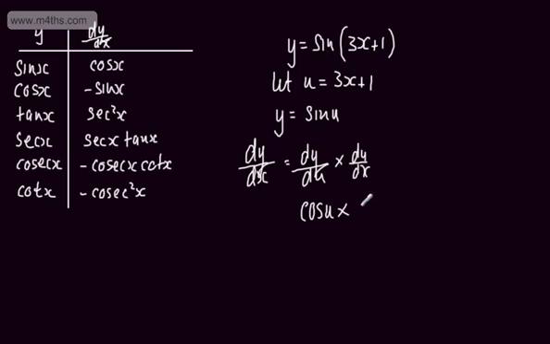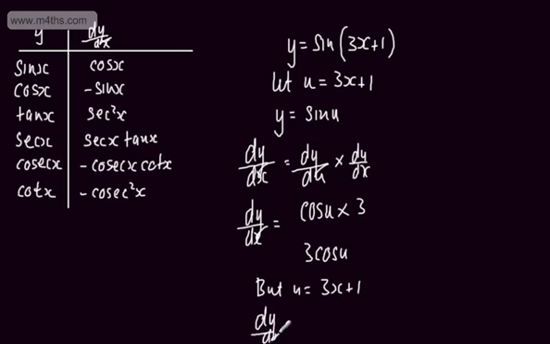The derivative of 3x plus 1 is 3. So dy by dx in terms of u will be 3 cos u. But u is equal to 3x plus 1. So we end up with the derivative dy by dx will be 3 cos of 3x plus 1. So that's the formal approach.